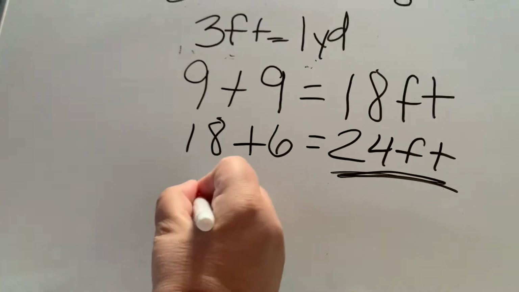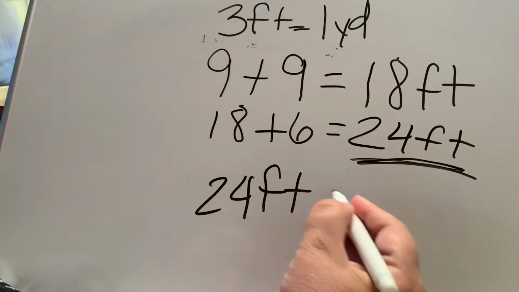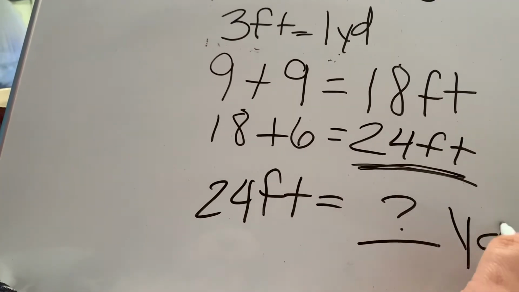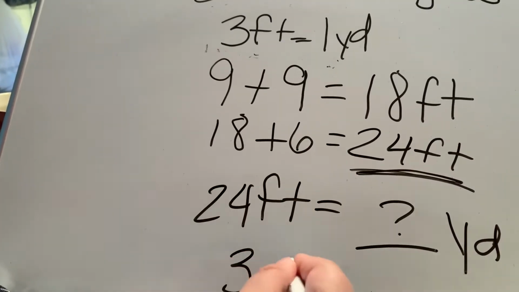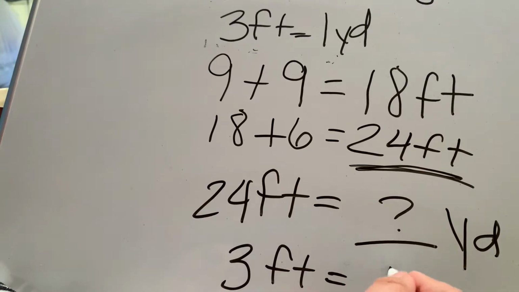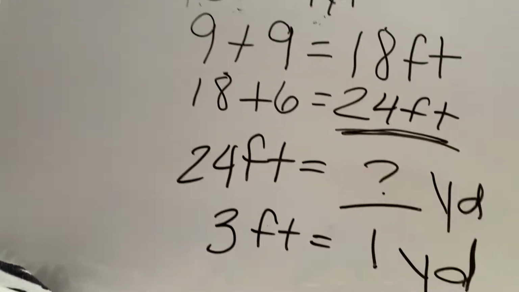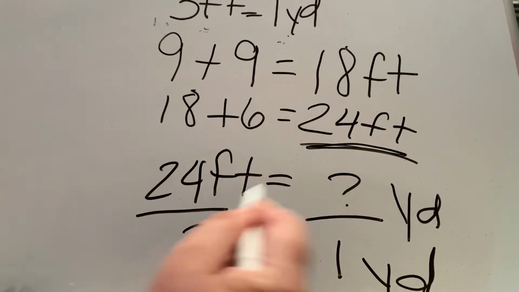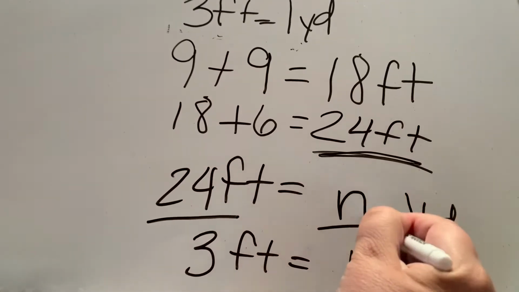Look. You're going from 24 feet to how many yards? Okay. 3 feet equals 1 yard. You can change this into a fraction if you need to. We're going to use n for what we don't know yet.